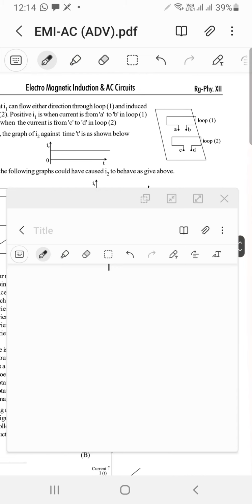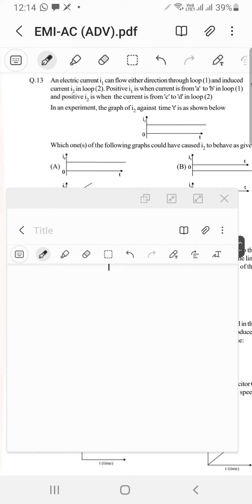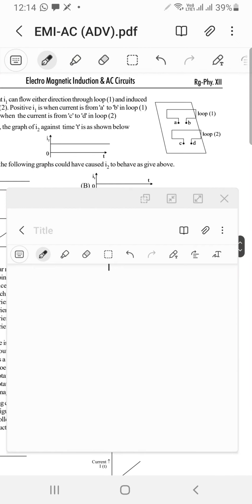Right, so if this is constant, that means that flux through it is changing at a constant rate. Of course. That means that the current through loop 1 is varying linearly. That's what it is. Oh, there's also direction. So it's positive, that means it's going like this. So using the right hand rule, we can say it's creating a north pole in this direction.